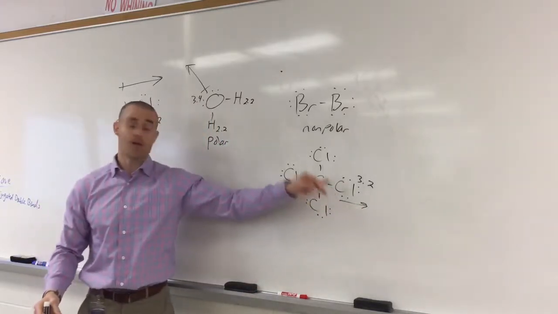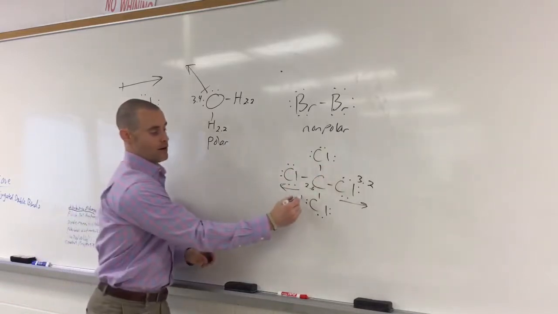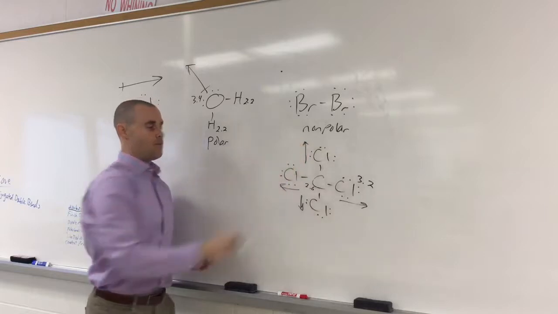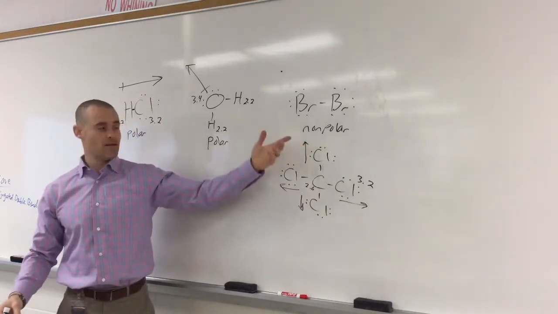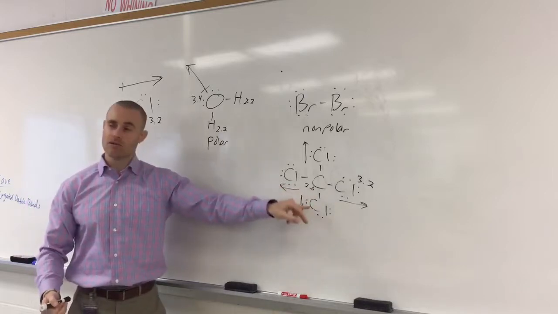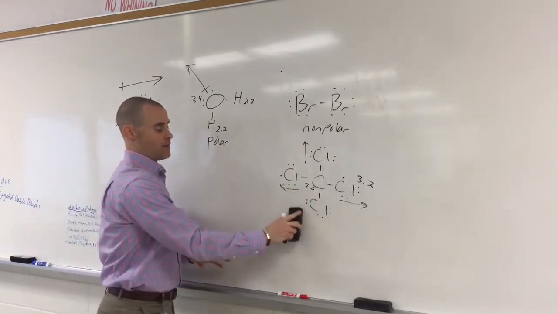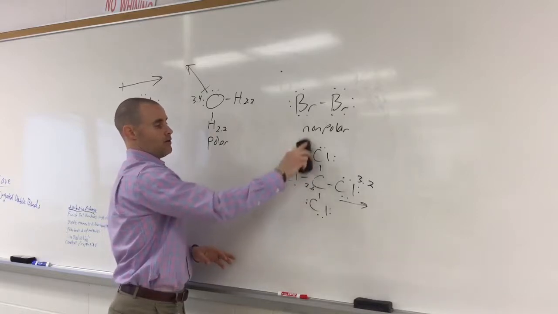They're opposite each other, so they cancel each other out. Nobody wins. Same thing here. Cl pulling down, Cl pulling up, nobody wins. So they cancel out. So technically there are little dipoles here, but because they're opposite of each other, nothing really happens. So we say there's no dipole.